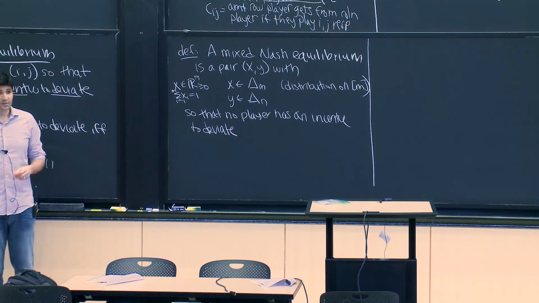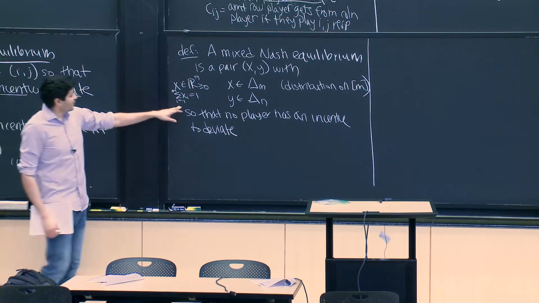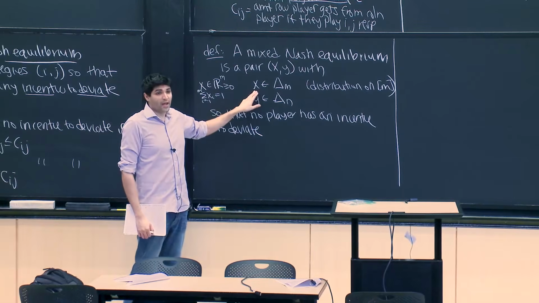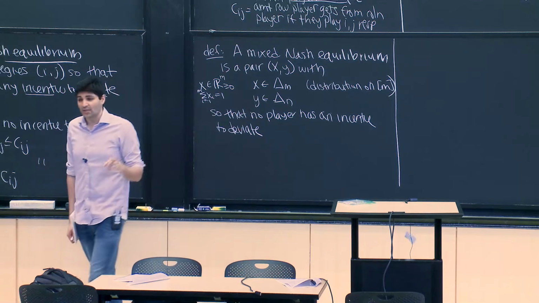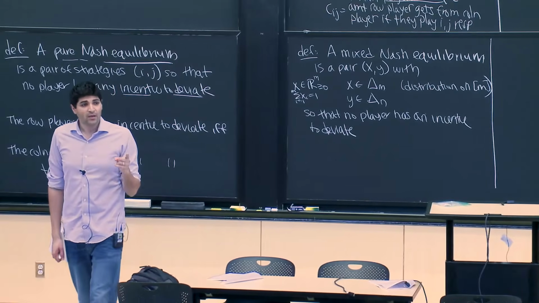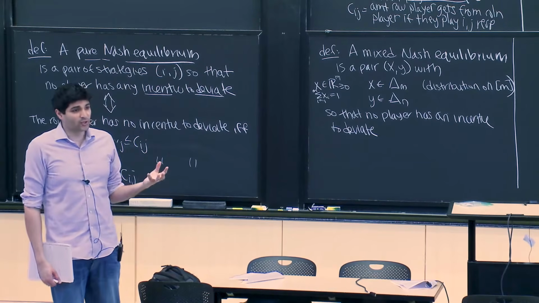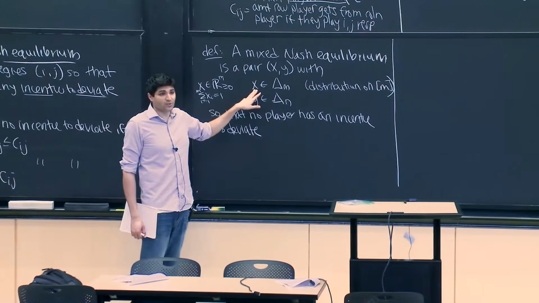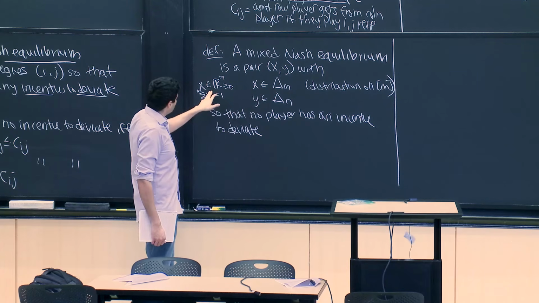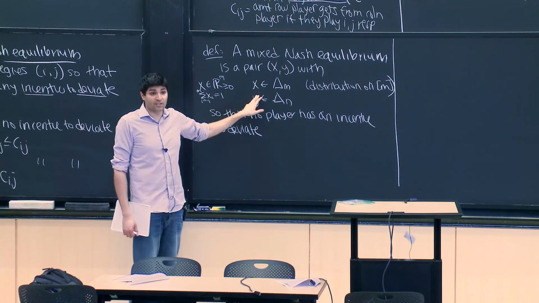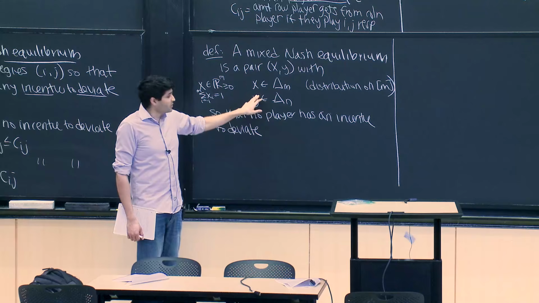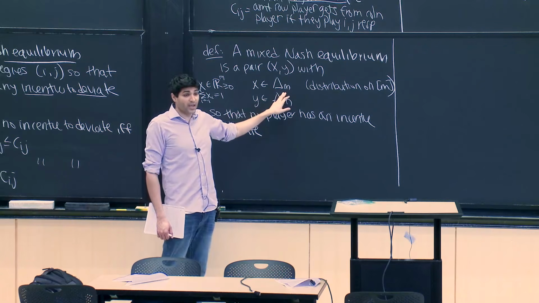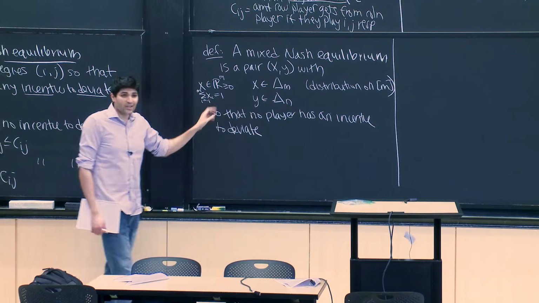That's the constraint. So what's going on is that instead of the row player choosing one fixed strategy, like strategy i, he's going to randomize over different strategies. The probability that he puts on each strategy is given by the associated coordinate of the vector x.